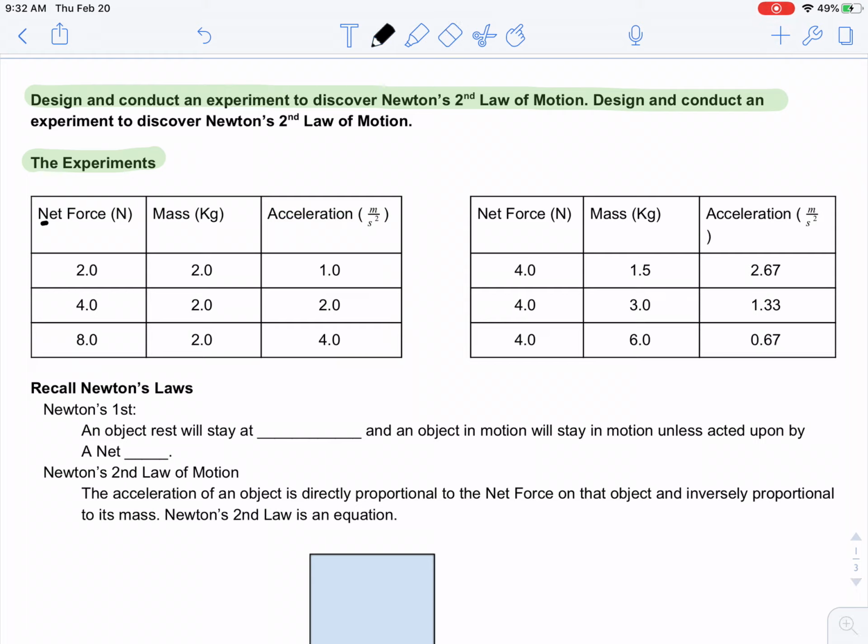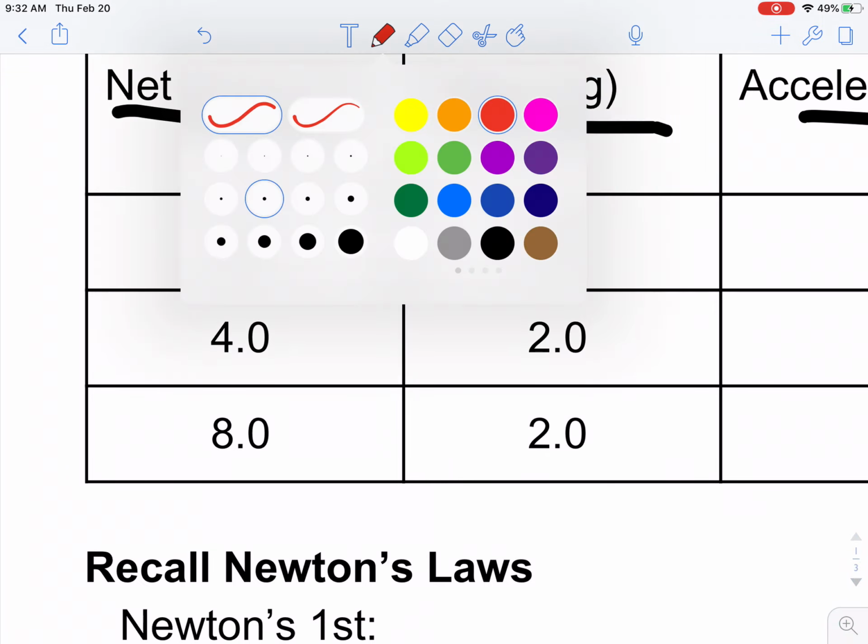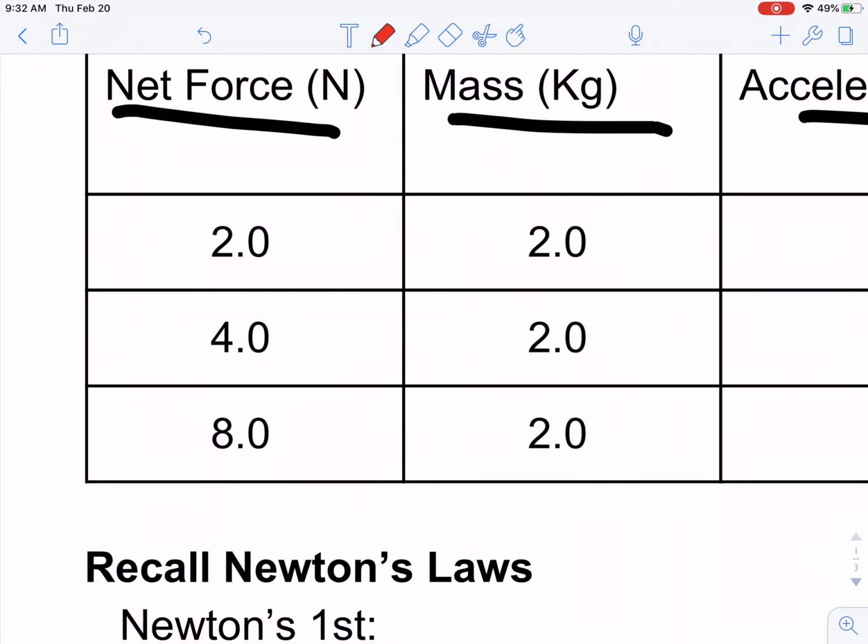It looks like we have net force, mass, and acceleration. And in this case, the experimenter doubled, let's zoom in here, they doubled the net force each test. So they started with 2 newtons of force on the object. That was a doubling.